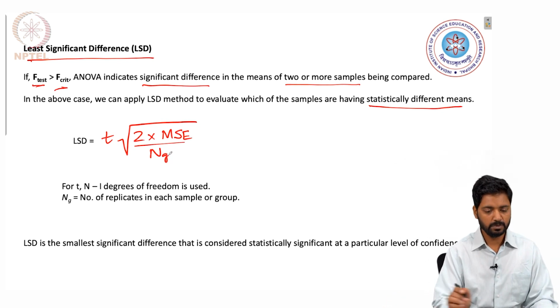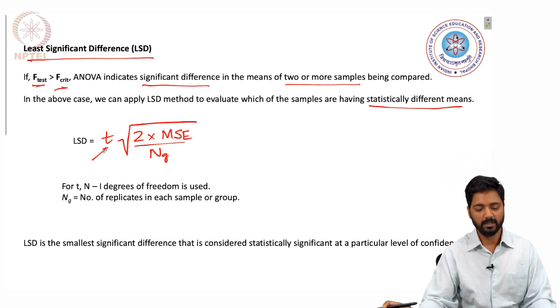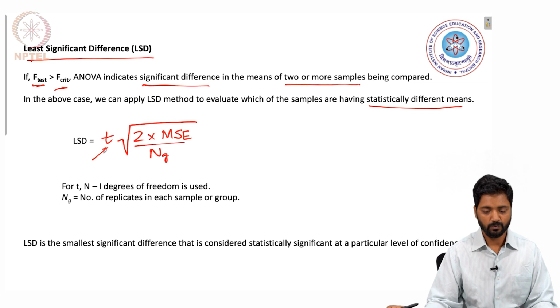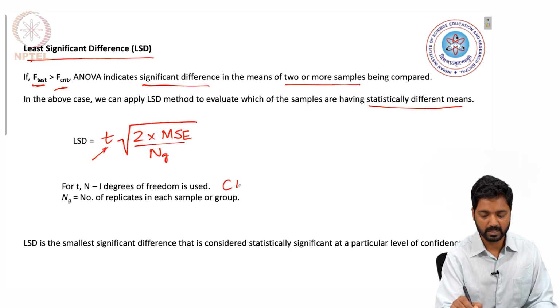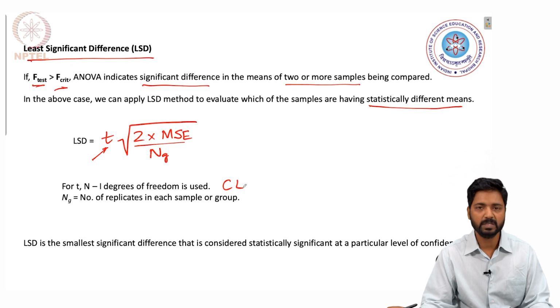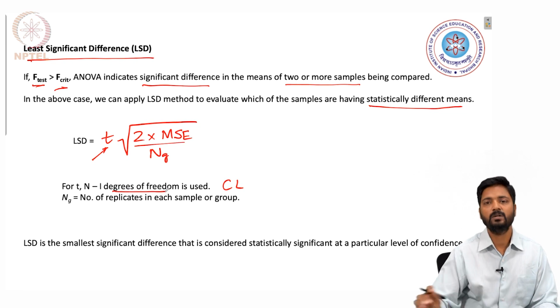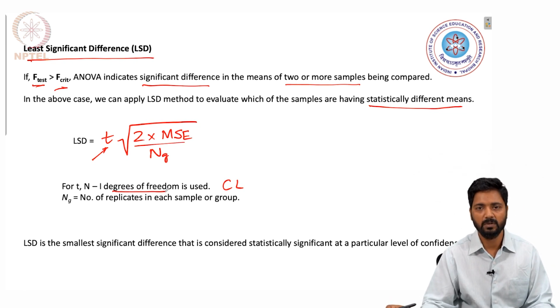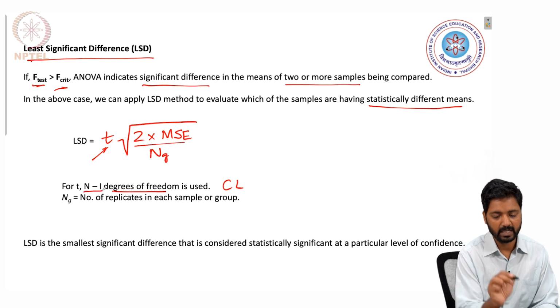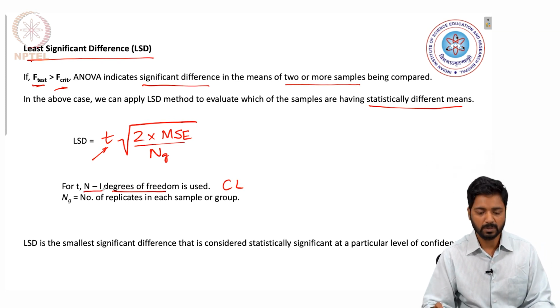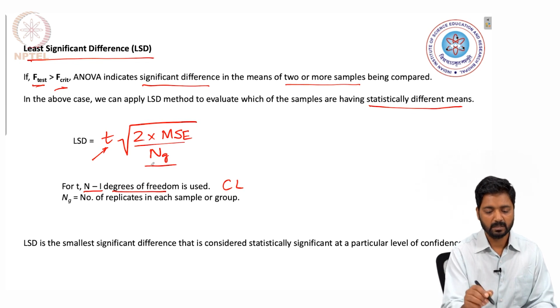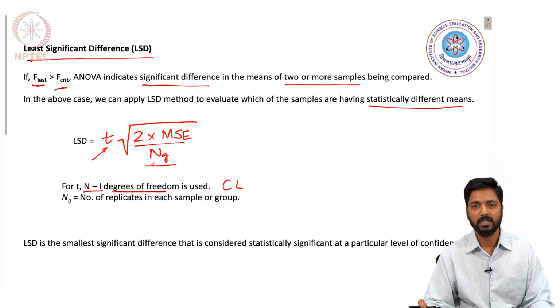We use the t table here to find out what the t value is, and for that we will utilize the confidence level, that is usually 95%, it can be 99% or 99.9% also, based on with what confidence we want to report our inference. The degrees of freedom for the t value to be inserted for calculating LSD is n minus I, and I would also want you to note that Ng is the number of replicates in each group.